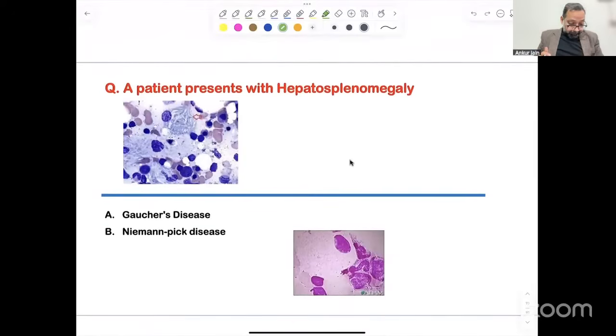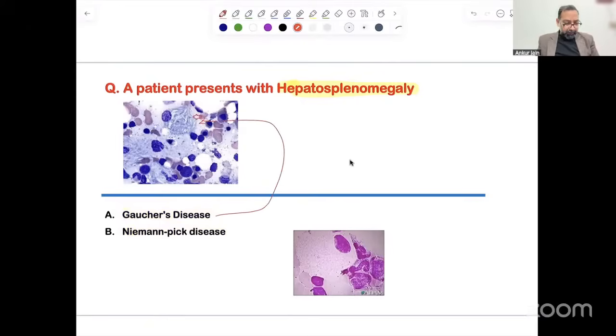This question. If the image shows a crumpled tissue paper appearance, hepatosplenomegaly may be present in Gaucher disease and Niemann-Pick disease. If this is crumpled tissue paper appearance, then the answer is Gaucher disease.